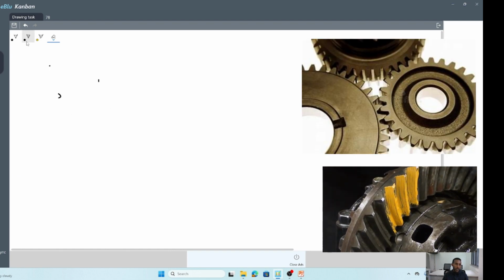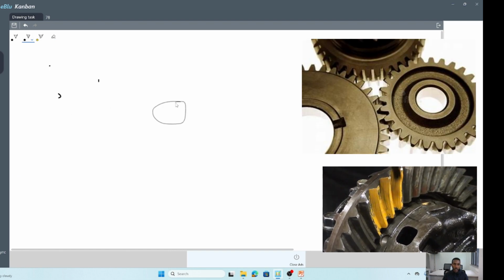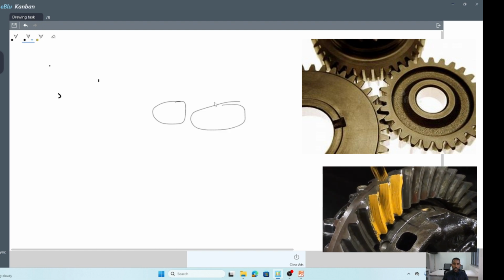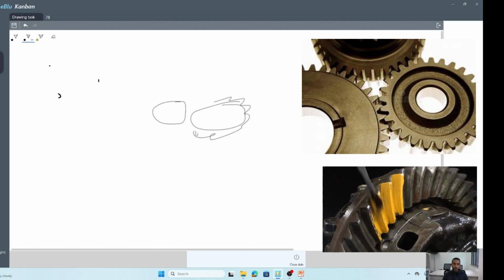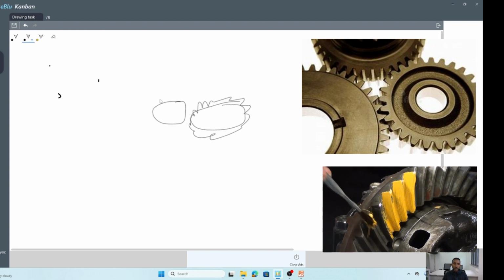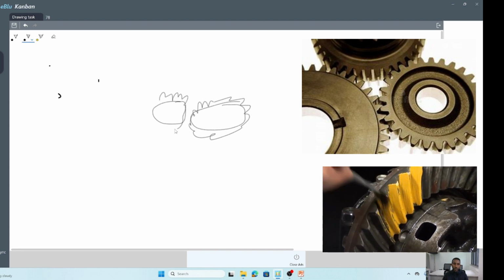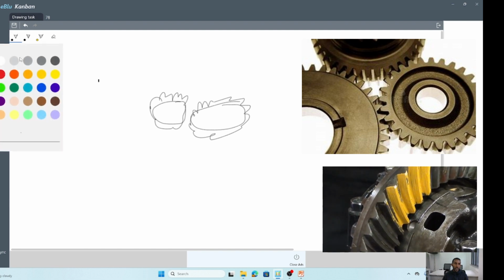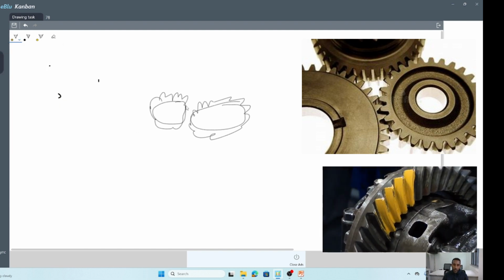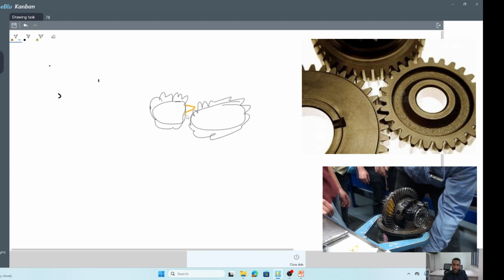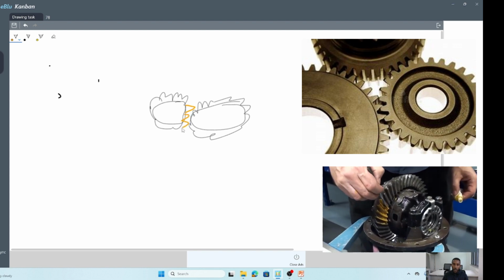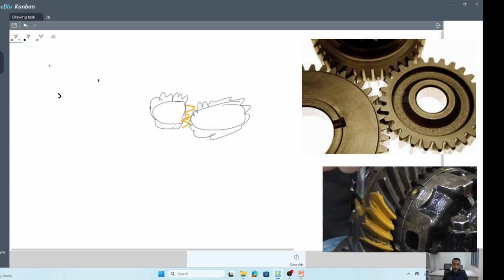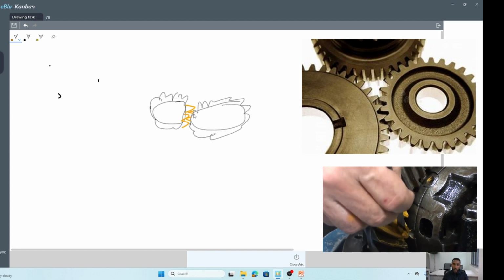If you observe some gears, gear 1 and gear 2, with gear teeth, when both gears are mating, we need to assure in which part the gears are connected.